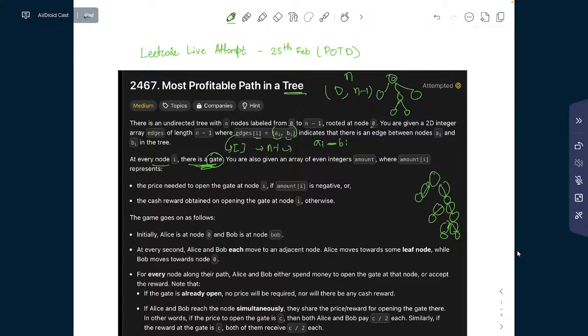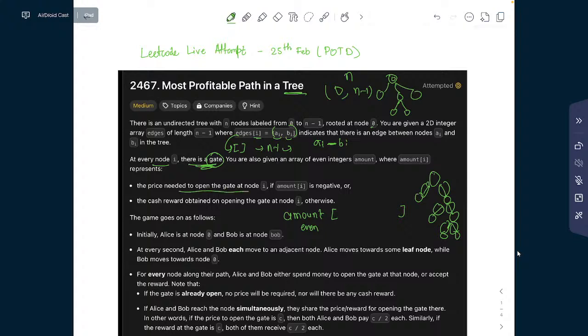You're also given an array of even integers, amount, and what is the size of it?